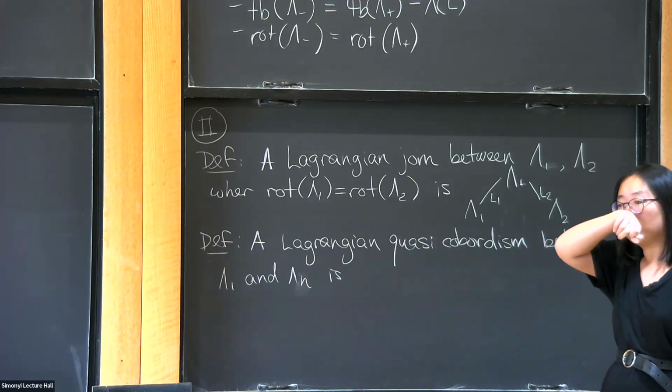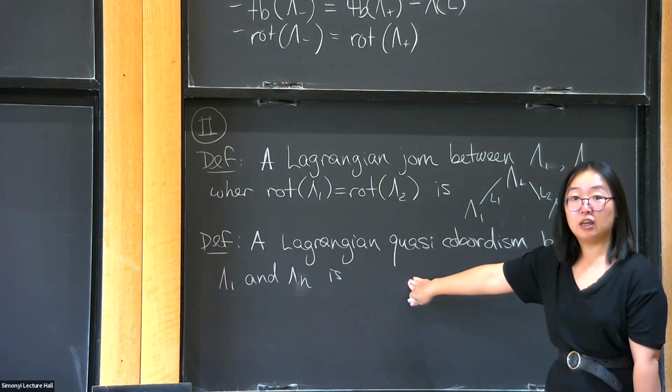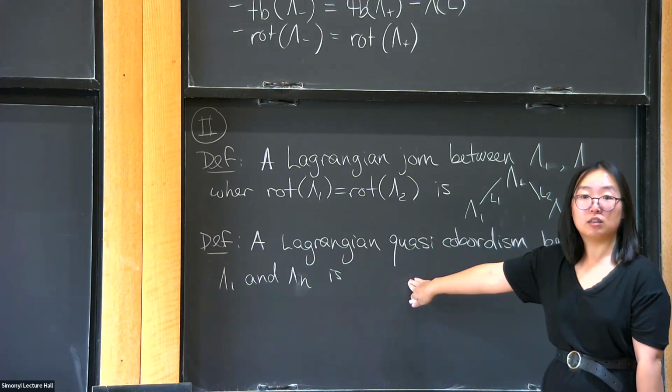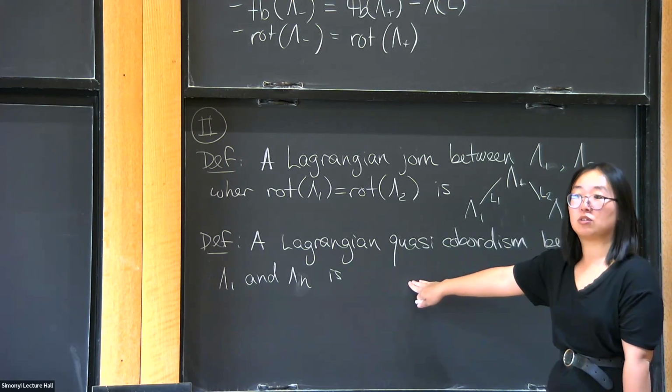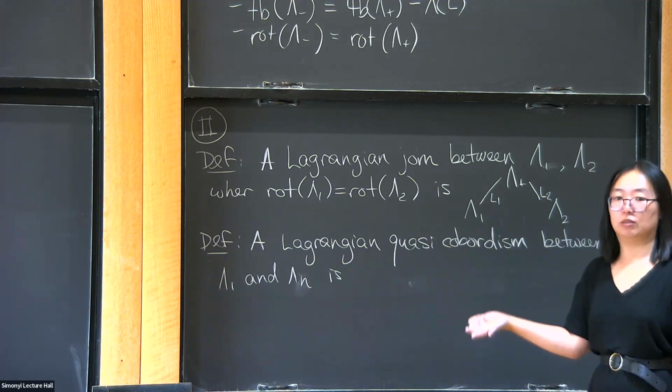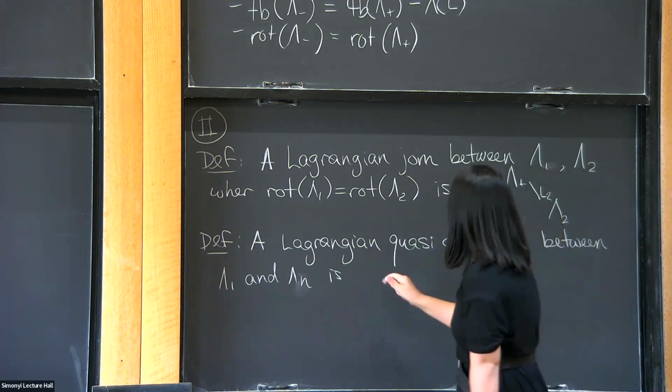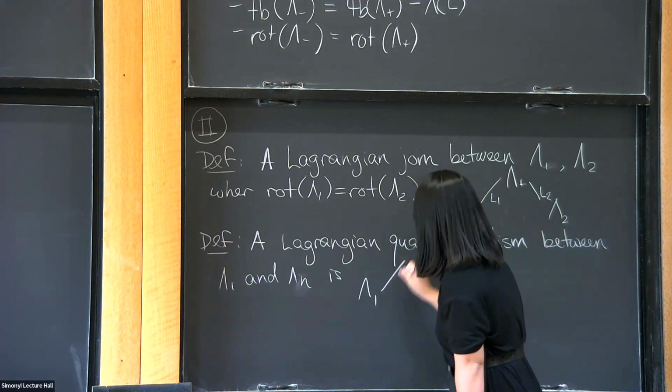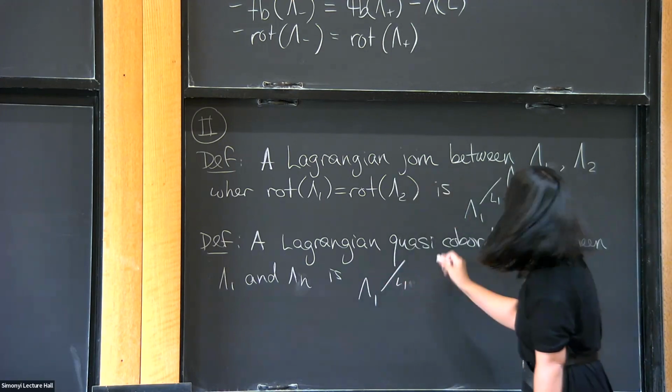So you can think of this as smoothly a cobordism between these two knots, and somehow like a piecewise Lagrangian cobordism between these two knots. A zigzag of Lagrangians. Yeah, it's like a zigzag, exactly.